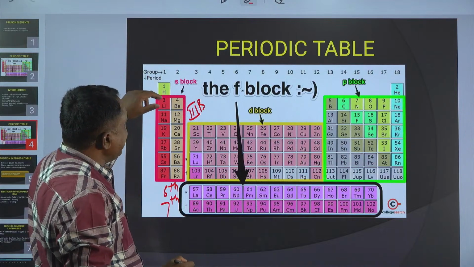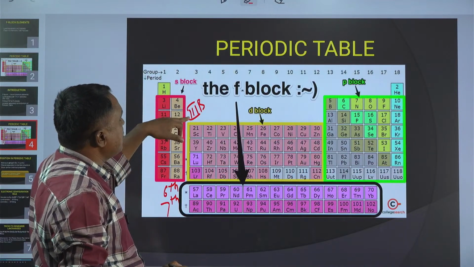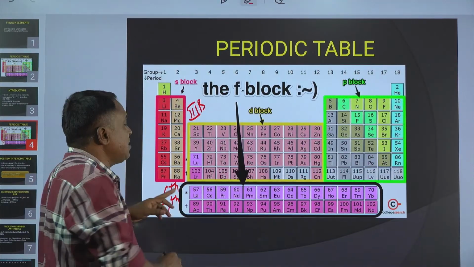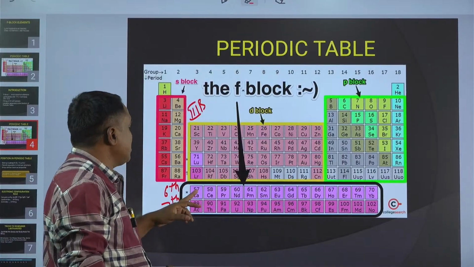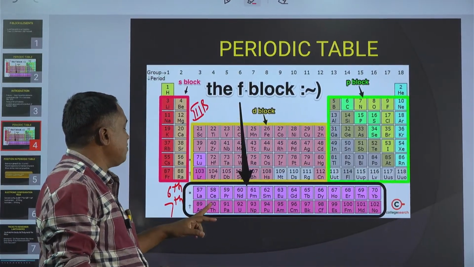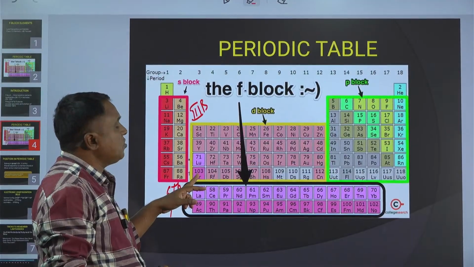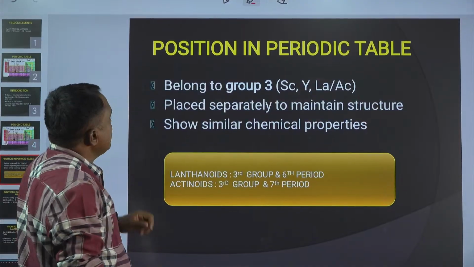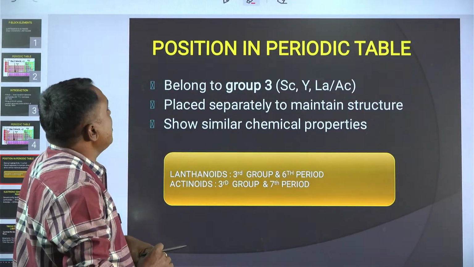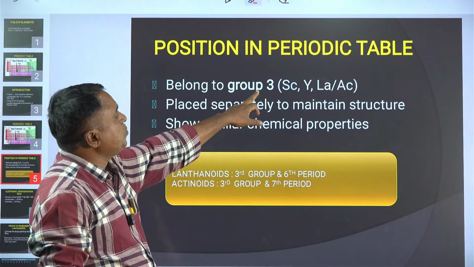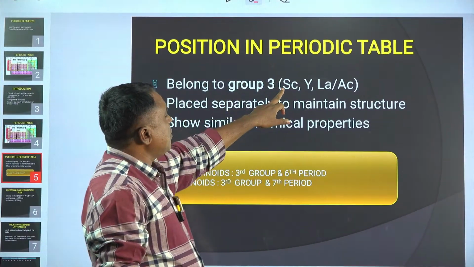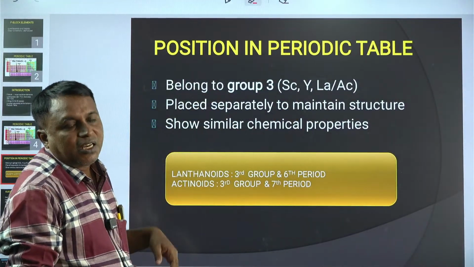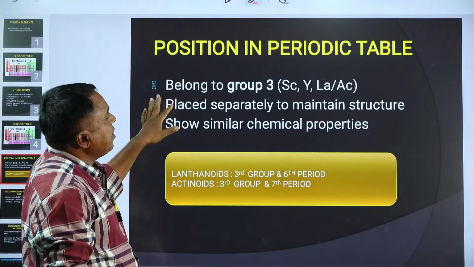They are present inside the D-block, inside the transition elements. Therefore they are called inner transition elements, from cerium 58 to lutetium 71 and thorium 90 to lawrencium 103. This is the position of the F-block elements in the periodic table.